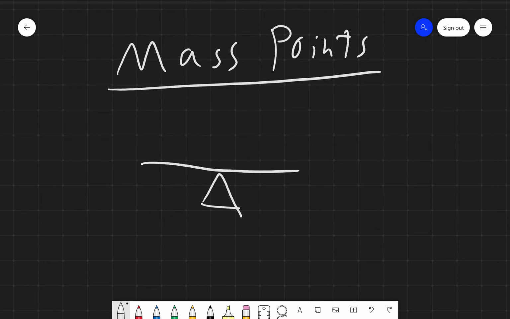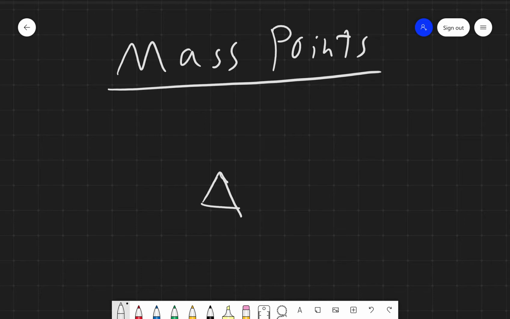It's basically a tactic where you assign weights, which are basically just labels, to points, and their distance from the fulcrum or the middle point, and the lengths and the masses have some relation.